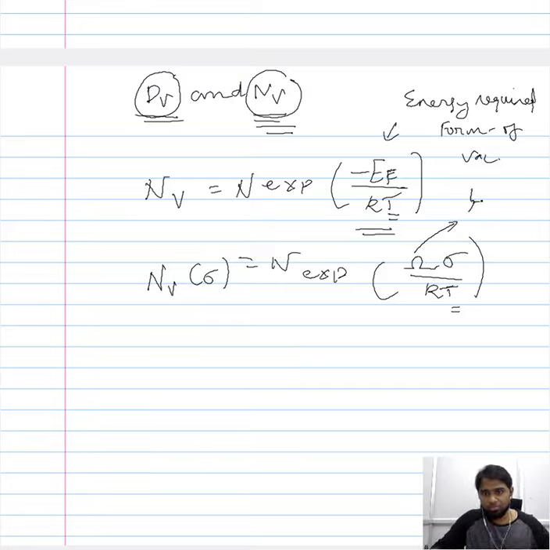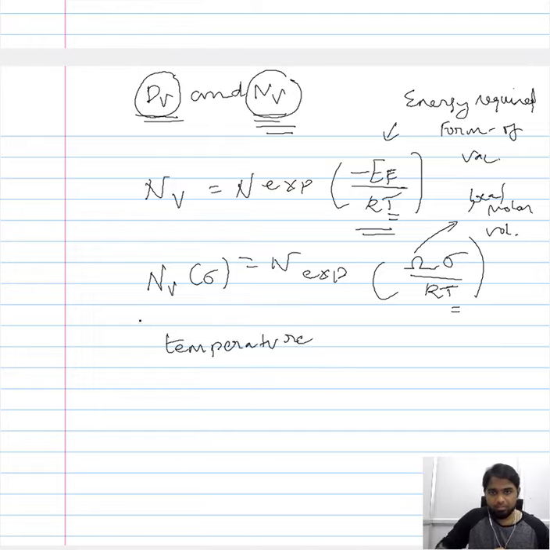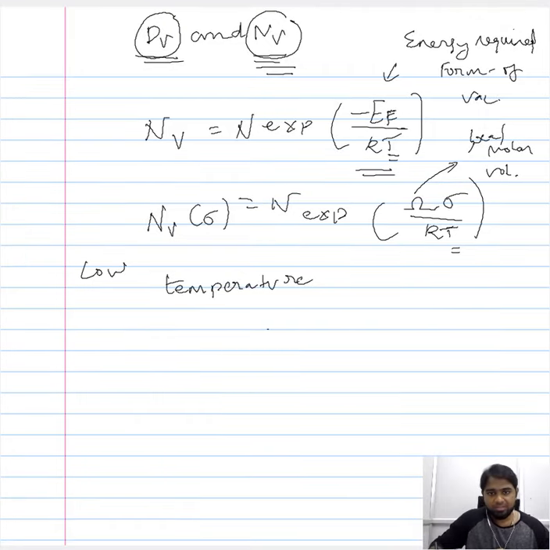Okay, so you now have the stress also influencing the number of vacancies, but at low temperatures, the formation energy, or the energy required for the formation of the vacancies, is very much greater than the influence of the stress.